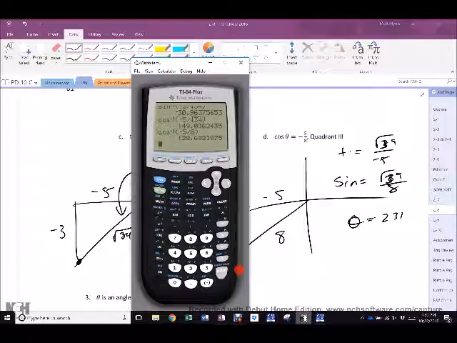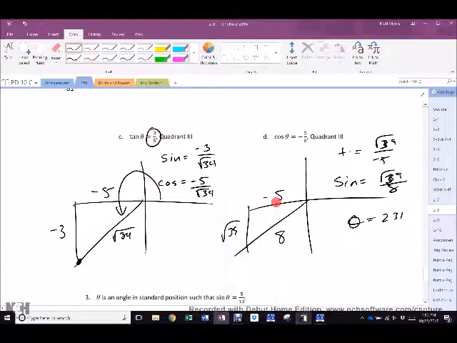Okay, so can it be 128? Of course not, because 128 would be up here, wouldn't it? Which means this has to be 52, correct? Because this would be 180 and that's 128. But I can't be in that quadrant. I have to be down here.